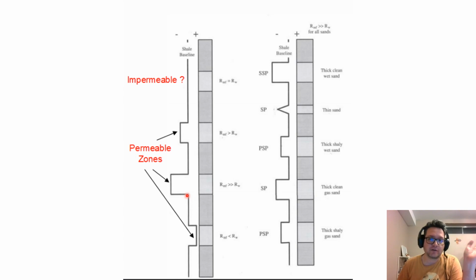Actually, sorry, lower in this case because we are going for minus here. And if the resistivity of the water in the reservoir is higher than the resistivity of the mud, then we will have a higher response, a positive displacement on the SP.